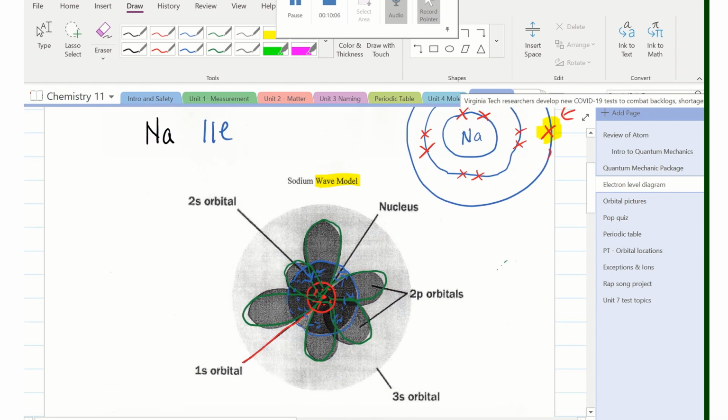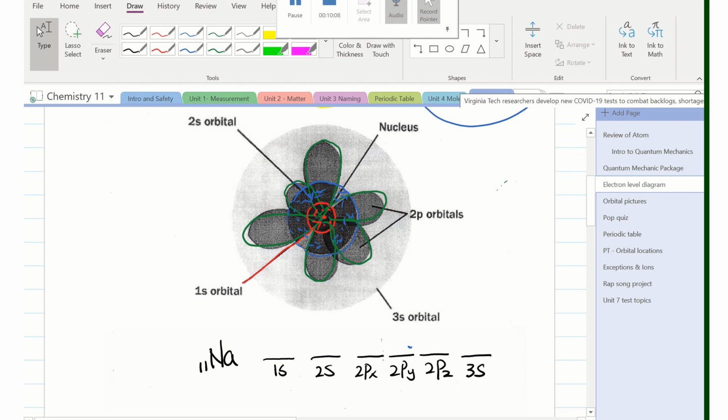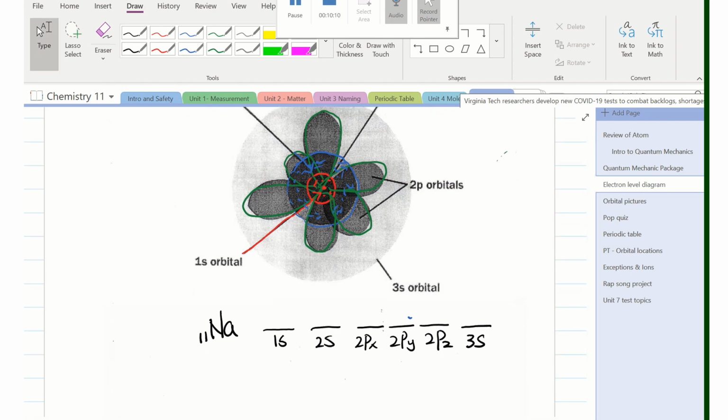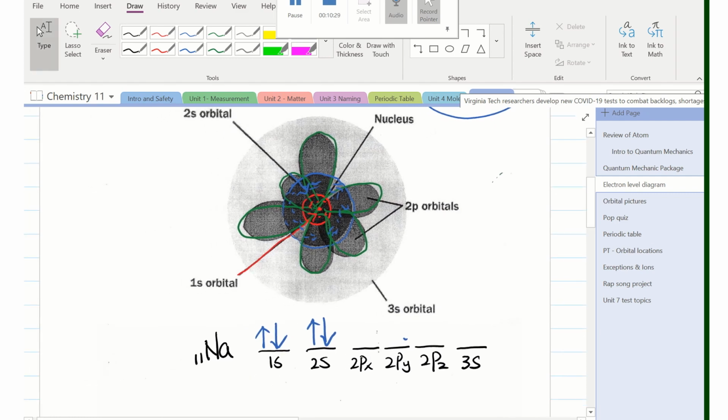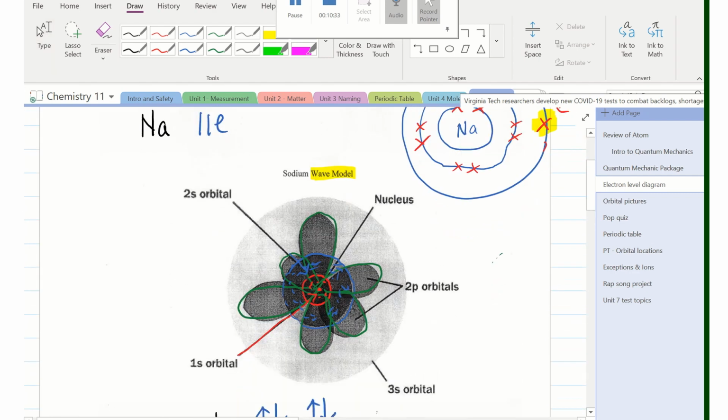And again, 11 electrons. Remember last day's homework, I asked you to fill this in on lines like this. If I have 11 electrons, 1s holds 2 electrons, 1s2, and the 2s orbital maximum holds 2, so that's 2s2. That's 4, so I have 7 left.